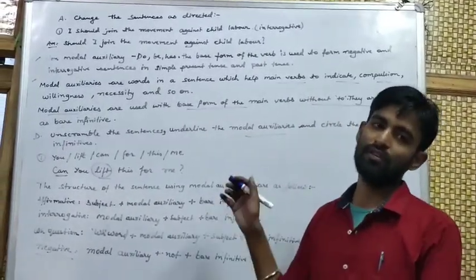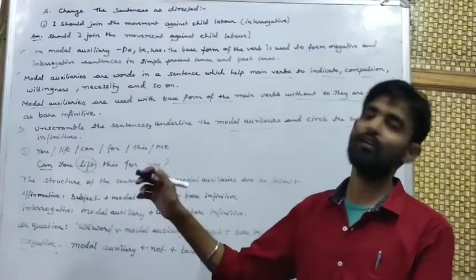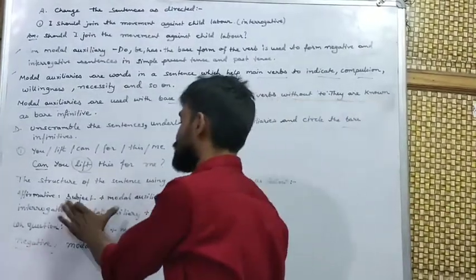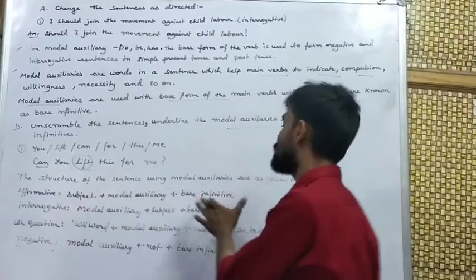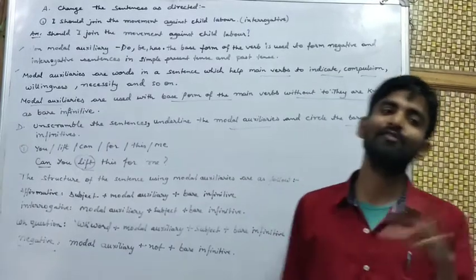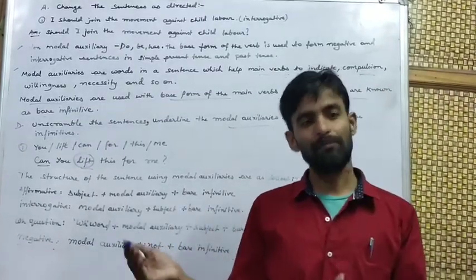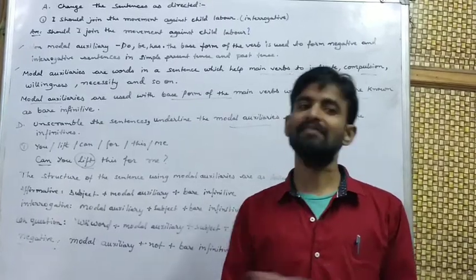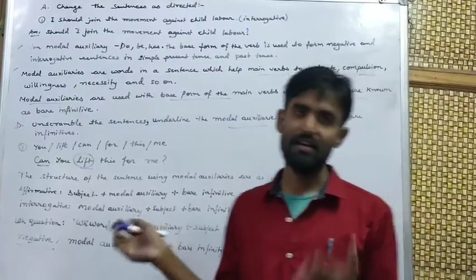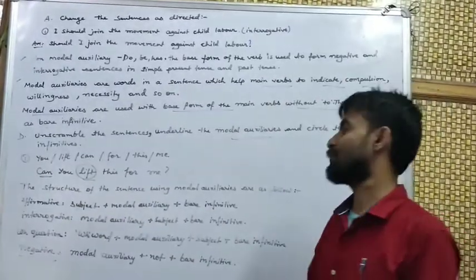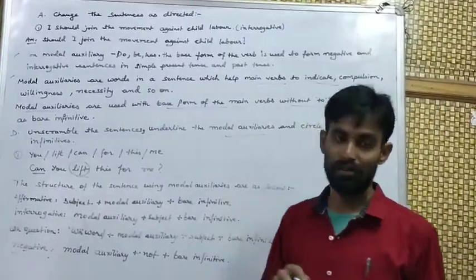The first is for affirmative sentences: subject plus modal auxiliary plus bare infinitive, just like "I can go," "I can swim." I is the subject, can is the modal auxiliary, and swim is a bare infinitive. This is the simple affirmative format for using modals.